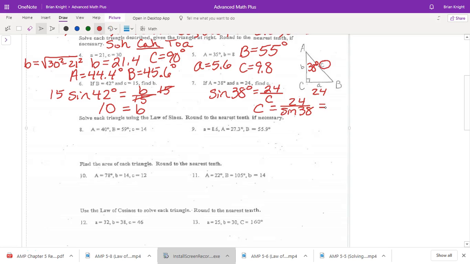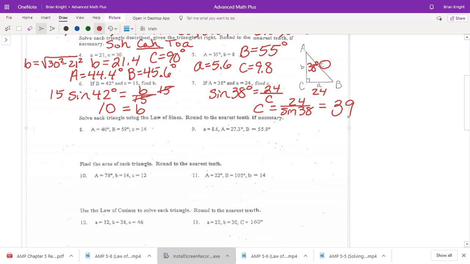And if you put that in your calculator, 38.98, something like that, which rounds to 39. Any questions? Everybody good? 39 is the answer.